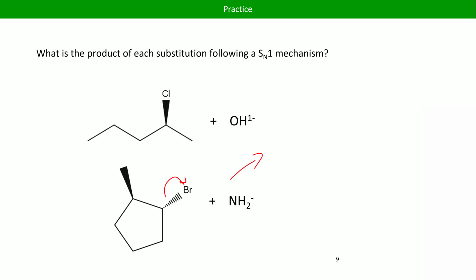So our first intermediate, and same thing, we always put the charge at the end of these polyatomic ions, even though it's really the nitrogen that has the negative charge.